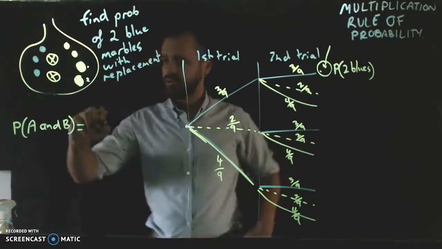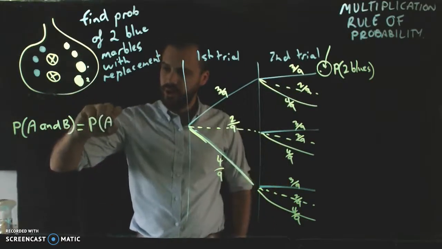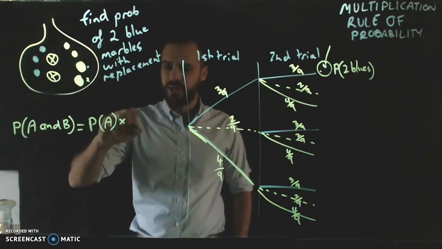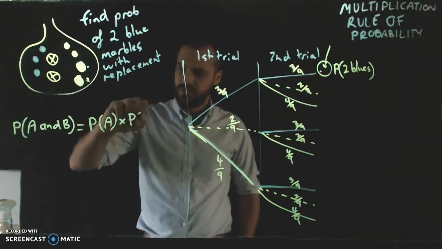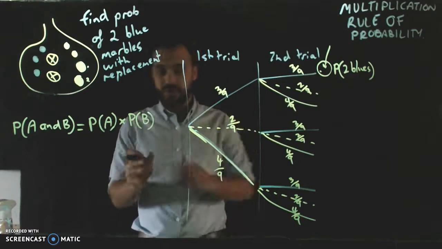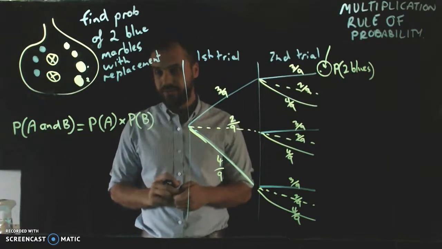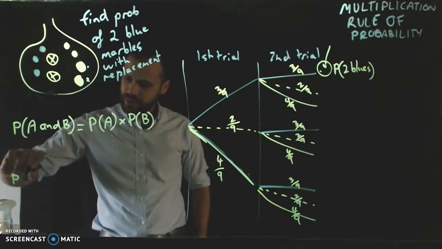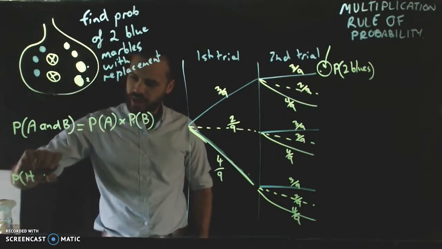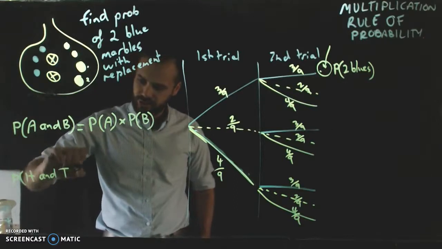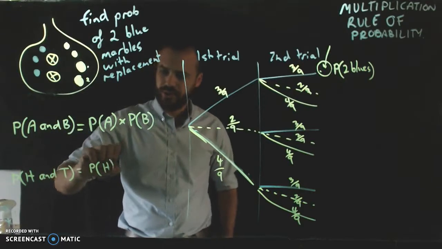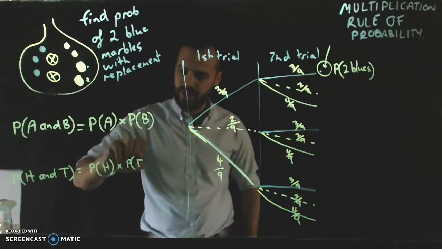It's equal to the probability of one event times, I'm going to put a times sign in here, but it's not necessary, times the probability of the second event. Now, in the trash example I just said, the probability of you doing your homework and taking out the trash is equal to the probability of homework times the probability of taking out the trash.